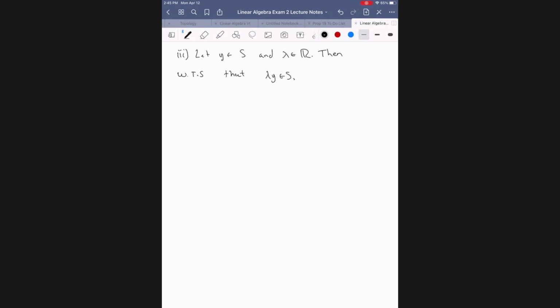Well, just plug lambda y into the equation, right? Just plug in. I guess I should say y1 just to distinguish it.